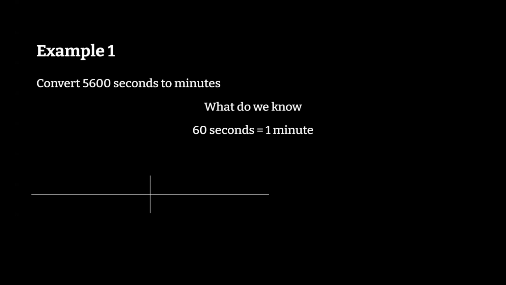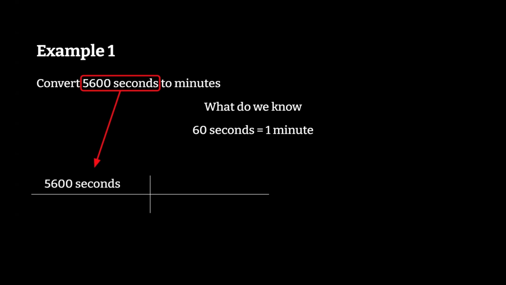The chart can be a little bit different depending on how many conversions we need to do. In that top left corner goes what is provided to us in the question. So 5,600 seconds is provided in the question, and that goes in the top left corner.